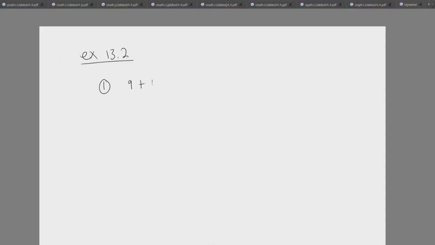9 plus 4, I'm going to leave the mod 6 until I find my answer. 9 plus 4 is 13, which is equivalent to what mod 6? Well, 2 groups of 6 would be 12, so 1 is left over.